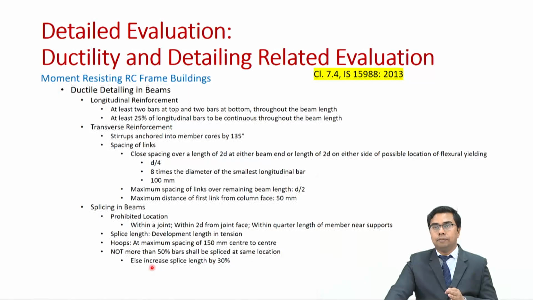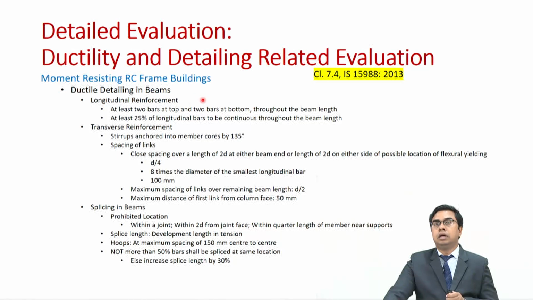If we happen to do that, then we shall increase the splice length by 30%. If all of these are satisfied, then we can say that the beams are properly detailed for ductility. If these are not satisfied, then we will say that the building has deficiency when it comes to ductility of beams.